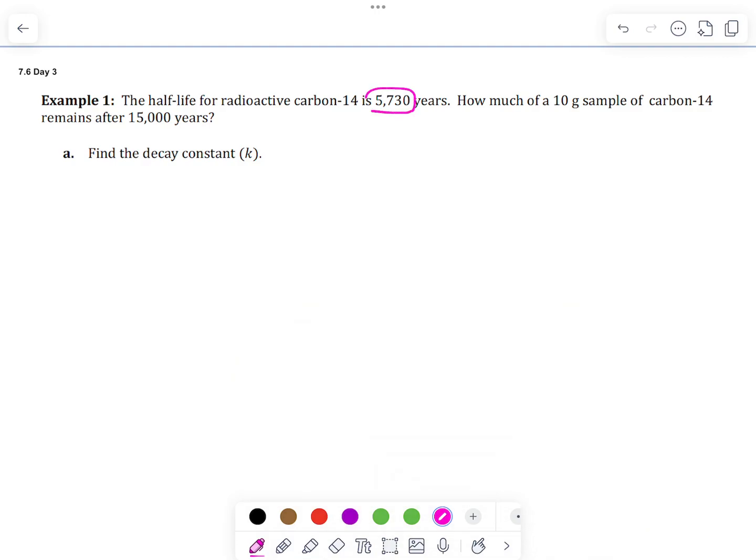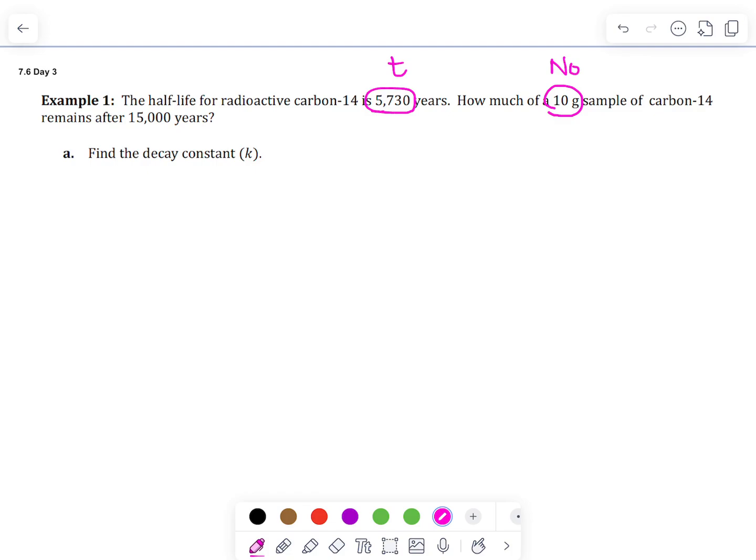So 5,730 years is our time, and 10 grams is our initial amount, so it'll be N naught. We're going to hold off on the 15,000 for now.